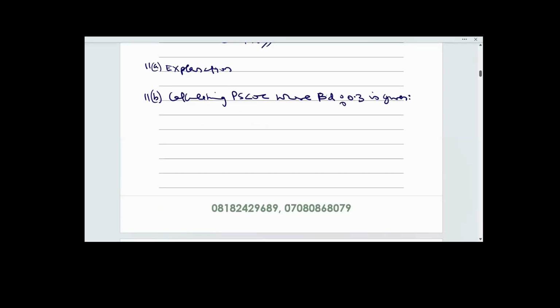I've already seen the beta. 0.3 is what is given. Therefore, step 1, proxy beta equal to 1.18, the same beta we have done in the first requirement.